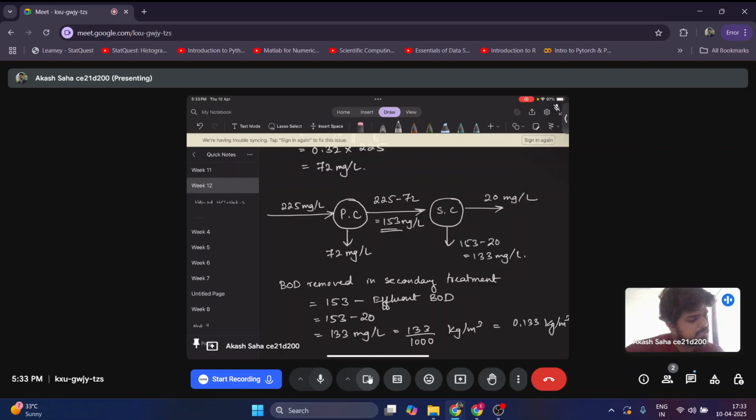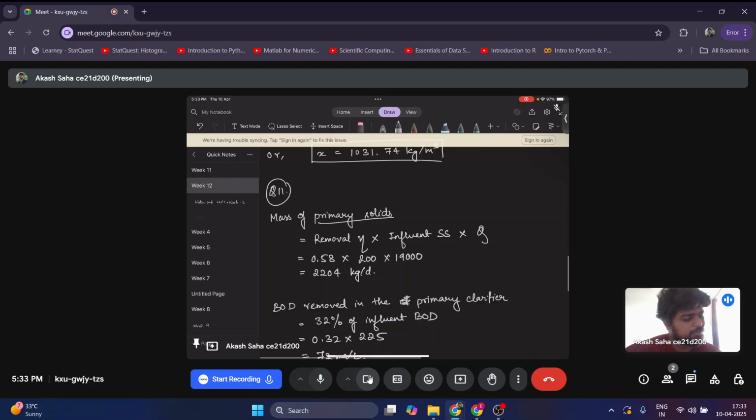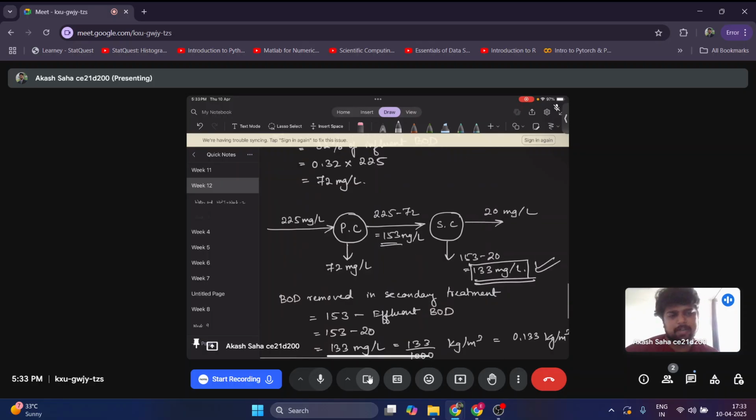Why is this 133 milligram per liter important? Because this will be the sludge coming out from the secondary treatment. The sludge from the primary, we know the amount in kg per day. But how to get the sludge coming from the secondary? This much BOD will be converted, so this will help us find it.